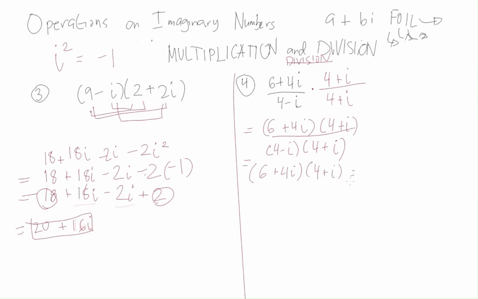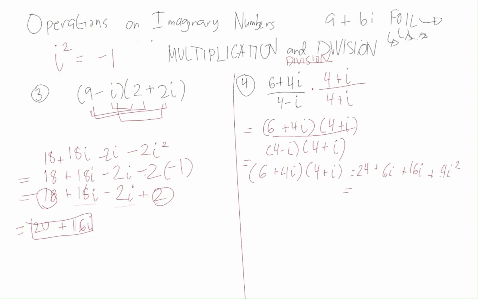That is just the first term, 6 times 4, that's 24. The outside term, 6 times i, that's just 6i. The inside term, 4i times 4, that's 16i. And then the last term, 4i times i, that's just 4i squared.